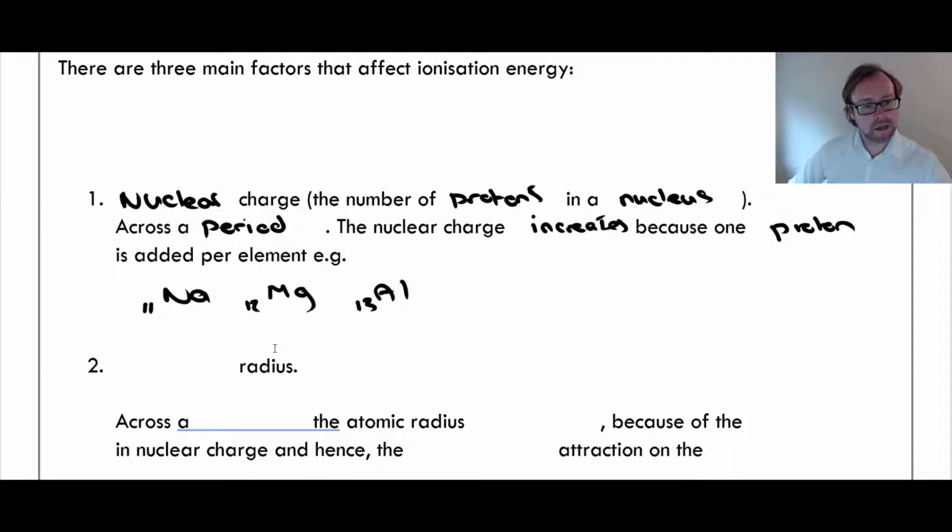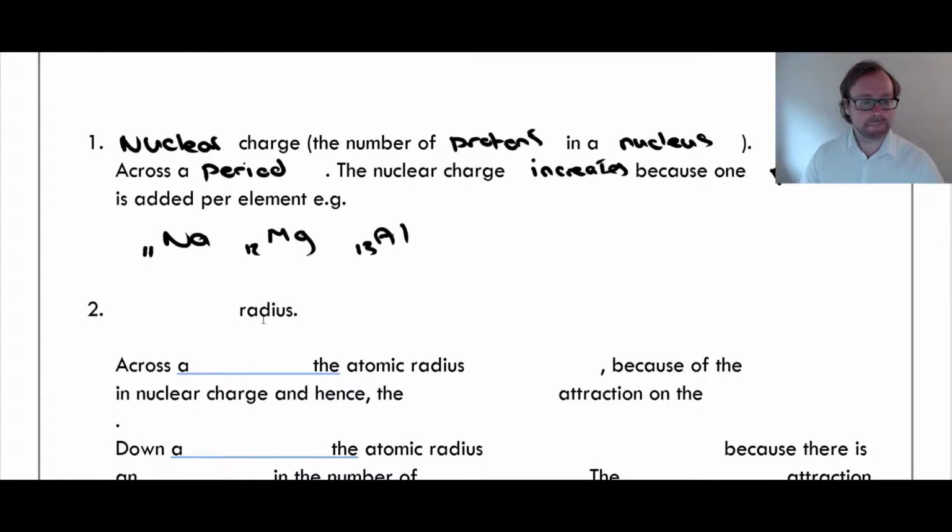So across our period 3, we are increasing the number of protons by 1 per element we go across. Okay, so what does that mean? That means as the nuclear charge increases, the nuclear attraction on the outer electrons is going to increase, but I'll talk about that in a bit more detail later.